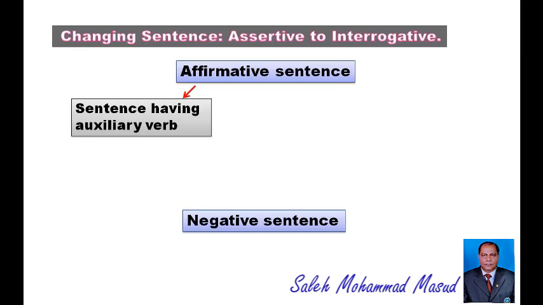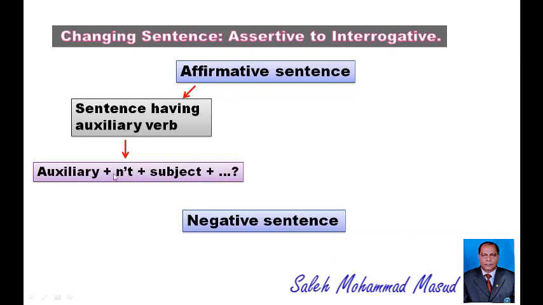To transform these sentences into interrogative, we have to follow some rules. Number 1, place the auxiliary verb before the subject. Number 2, add the contracted form of not with the auxiliary. Number 3, place a question mark at the end of the sentence.